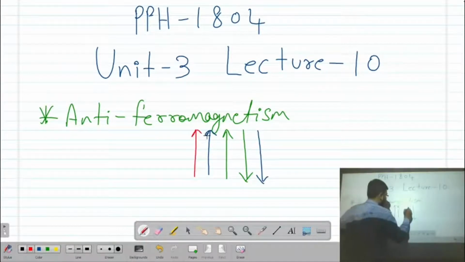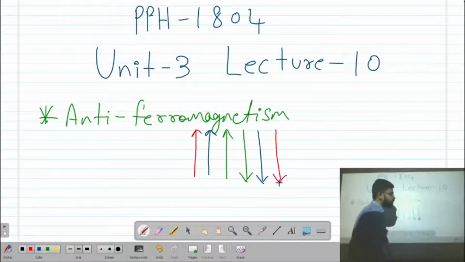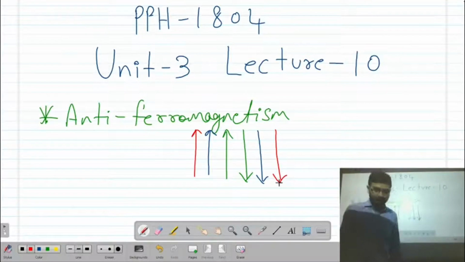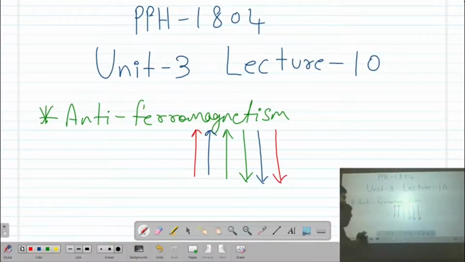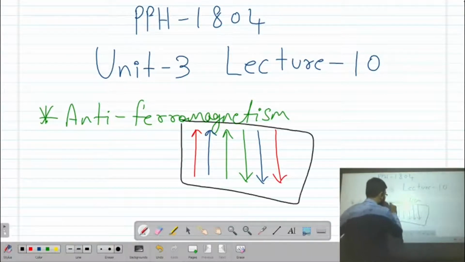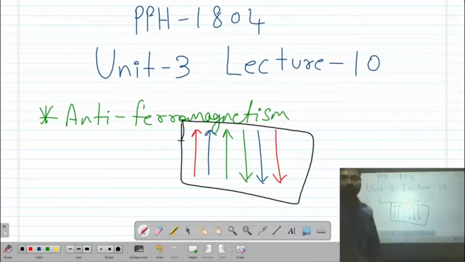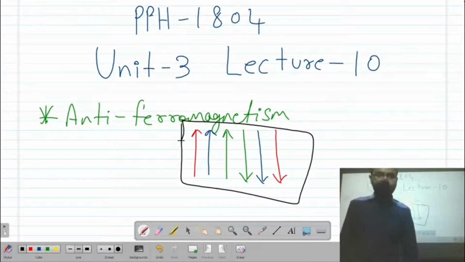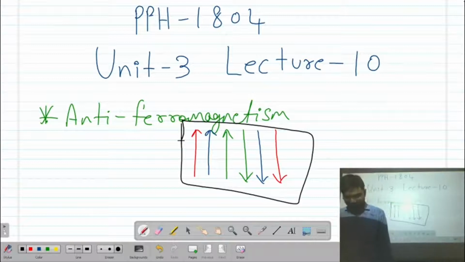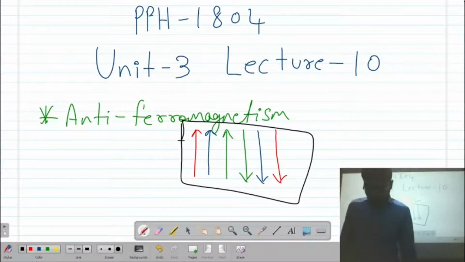Similarly, if another one is upward, another one will be downward. So the net magnetic moment will be zero. If this kind of arrangement is there in a material, then it is an antiferromagnetic material.